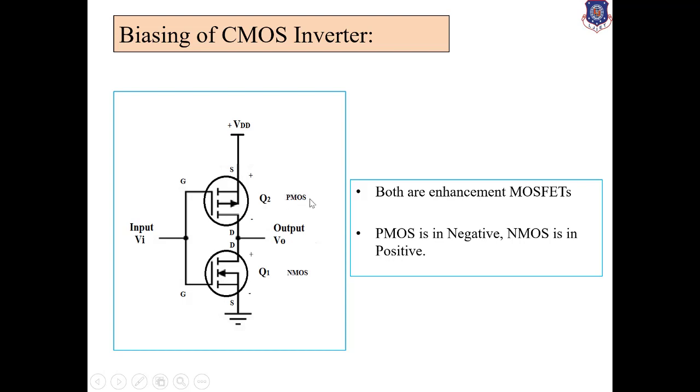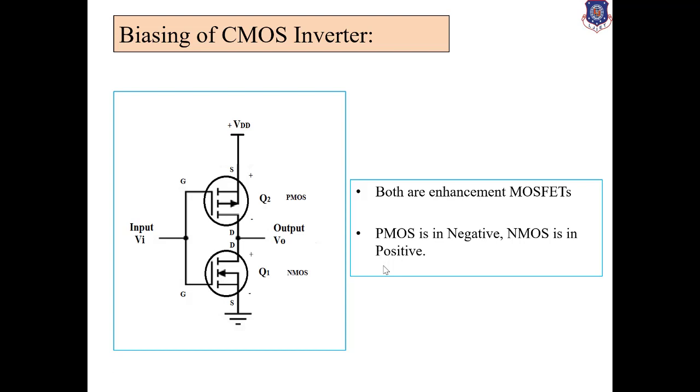Both are enhancement MOSFETs, right? PMOS is negative and NMOS is positive. The meaning of the second statement is that the parameters of PMOS are negative and the parameters of NMOS are positive.